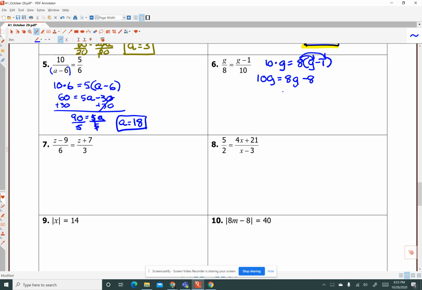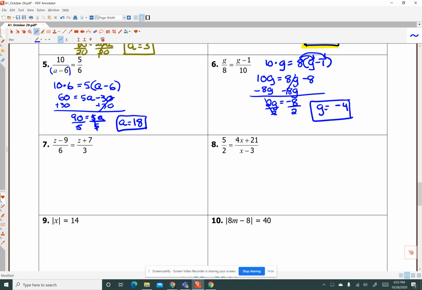So let's subtract 8G from both sides. And we have 2G equals negative 8. And we'll divide both sides by 2. And G equals negative 4.